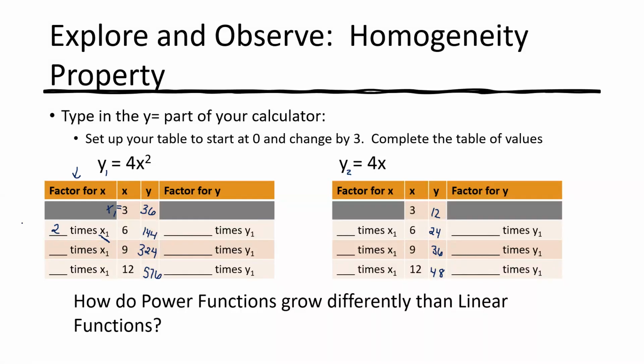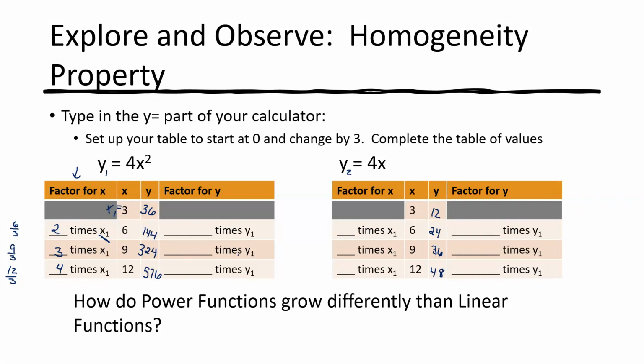And I could figure that out if I couldn't do it in my head by just taking 6 and dividing it by 3. Looking at the next one, 9, how does that relate back to x sub 1? Well, 9 divided by 3 is 3, so it is 3 times bigger. And the final one, 12, divided by 3, is 4 times as large as the original.